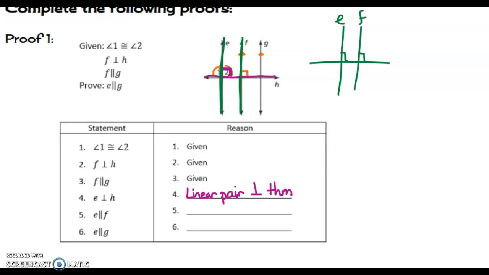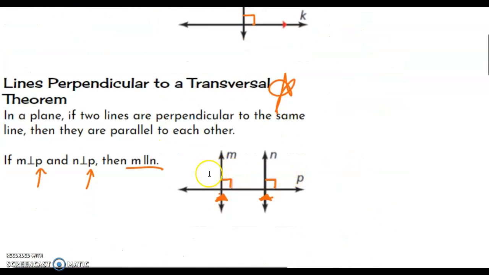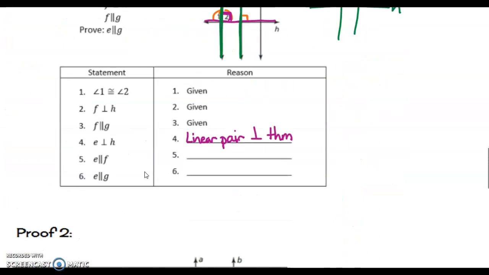And so if they're both a right angle to line H, go back to the front of your foldables, and look for the picture that kind of resembles that. So that to me is lines perpendicular to transversal theorem, which says if two lines are perpendicular to the same line, then the original two lines are parallel. Let's just prove things are parallel.